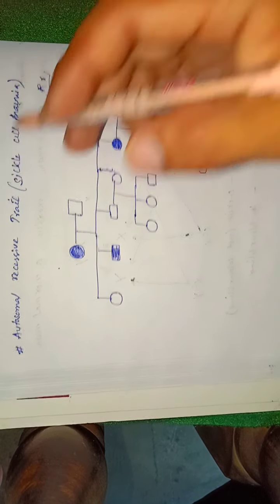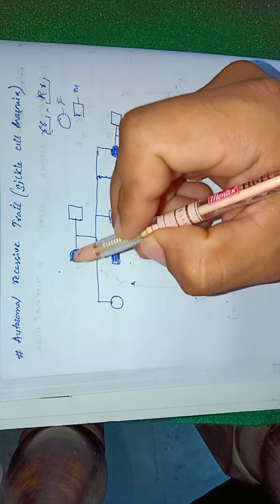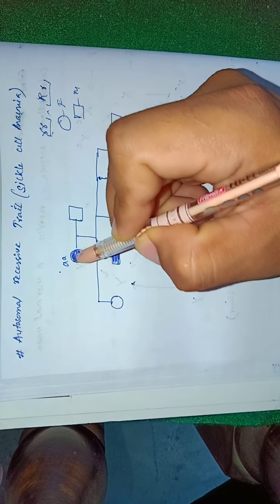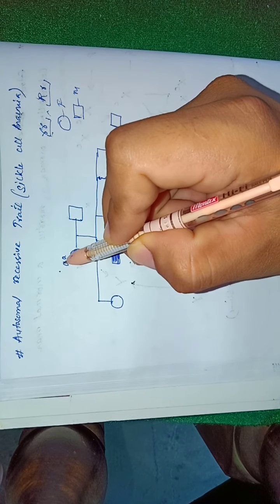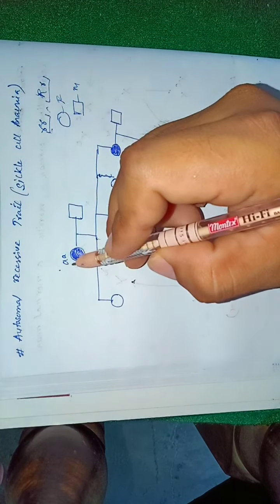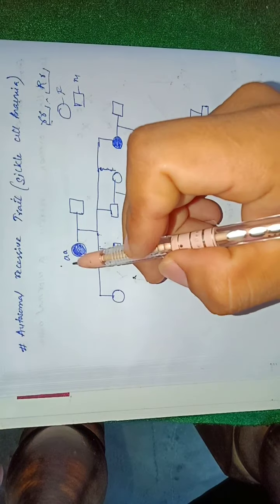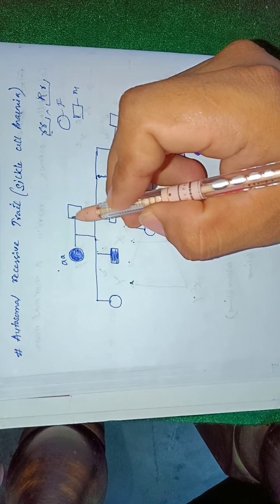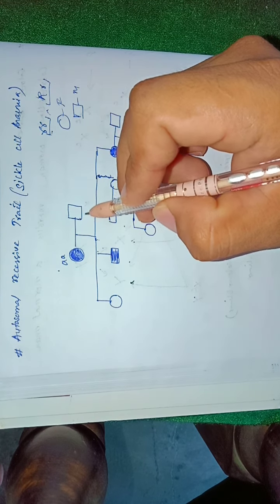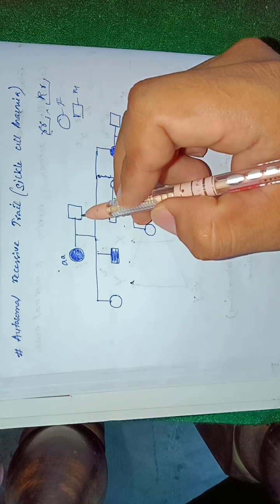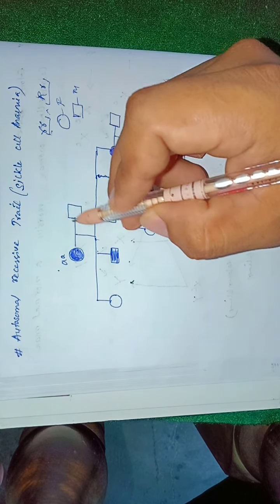So for this, let's take two small a. Let's say these are the genes expressing sickle cell anemia, and they are in homozygous form. This female is married to the male, and in this case there is no representation whether he is a carrier or normal. So we will take this as the normal male.